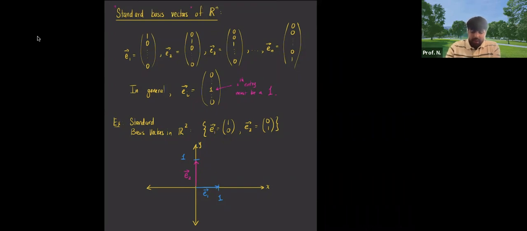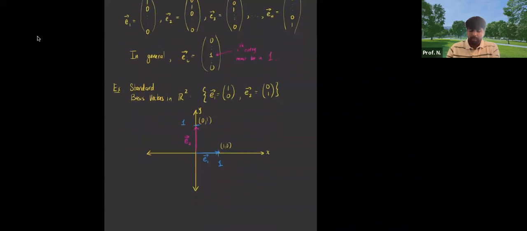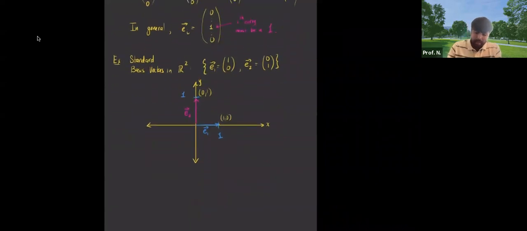And so in R2, what are the standard basis vectors? It's going to be 1, 0, which is associated with the point 1, 0, and then you have this point here, 0, 1. And then just to give you a standard visualization, standard basis vectors in R3.